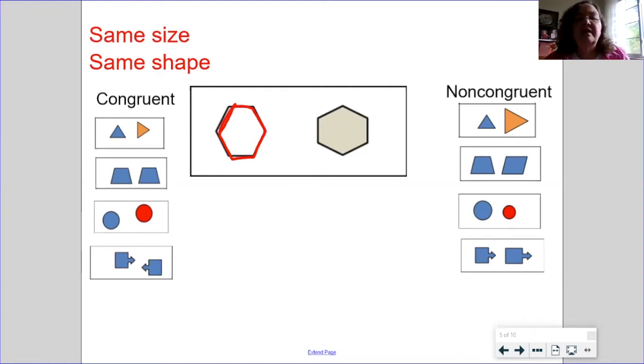Okay, so I traced the side, and now let me see. I need to make sure that I flip it. And guess what? When I flip it, they are the same size and same shape. So I would call this congruent.